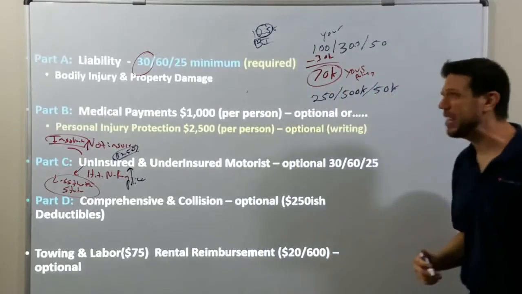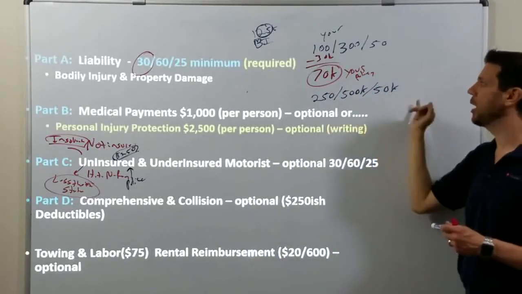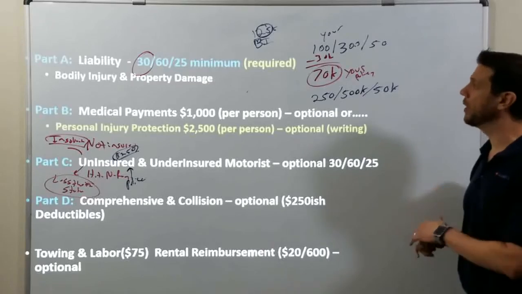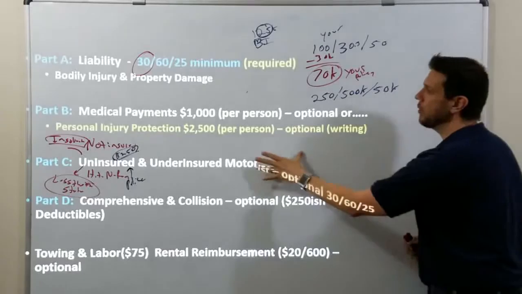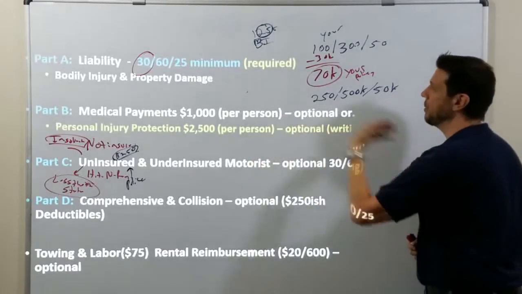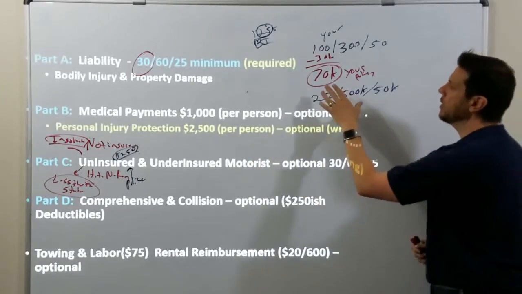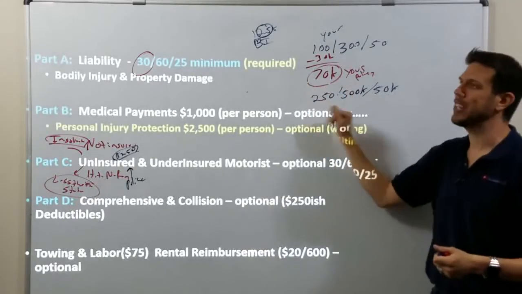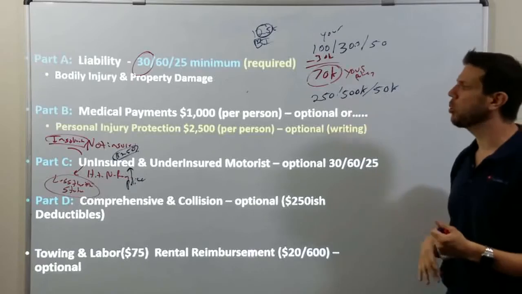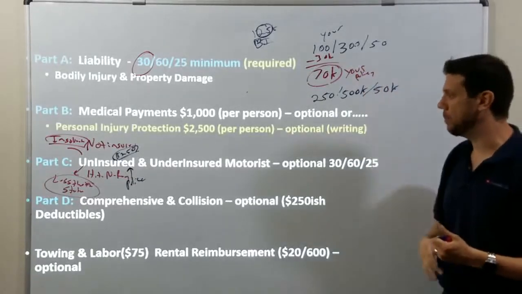That would probably be the minimum I'd feel safe driving around on. I want to make sure I have enough insurance to cover the other guy. I also want to make sure that I have enough insurance to cover me if somebody hits me. And to have an umbrella, the minimum insurance you can have is $250,000. So this is the minimum required to have umbrella insurance over top of that.